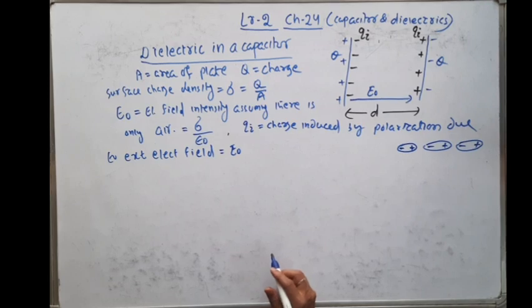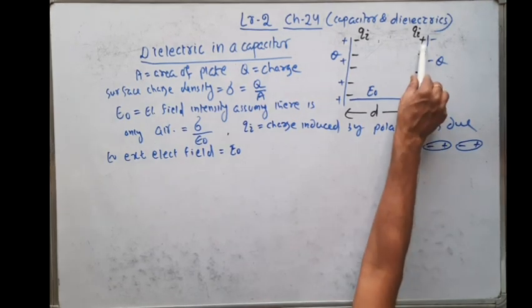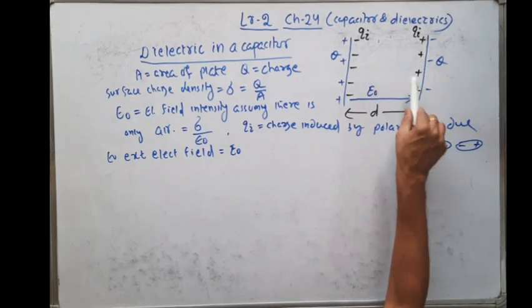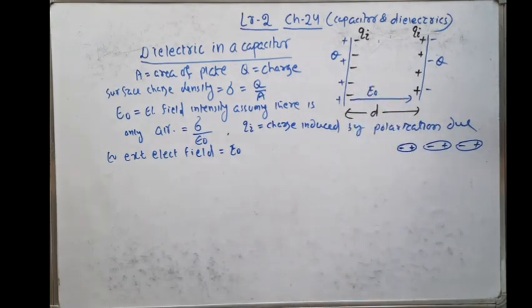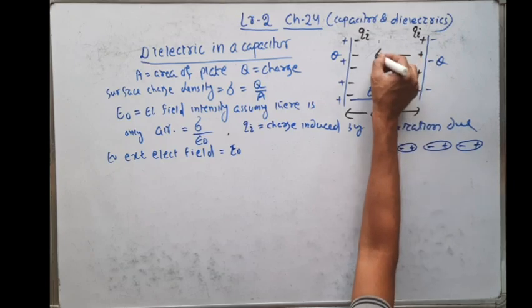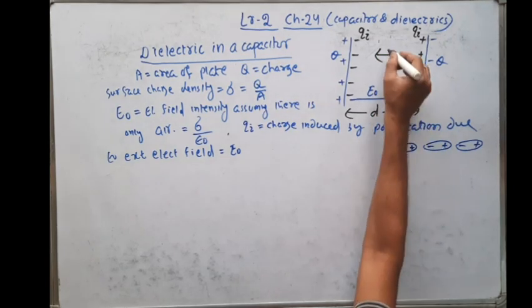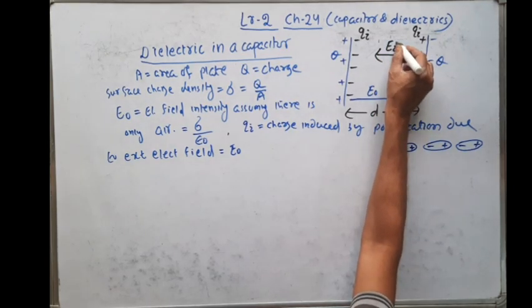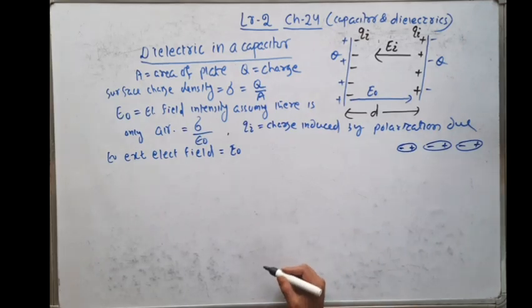Now see, due to this induced charge, this side is positive and this side is negative. Due to this, another electric field is developed from the positive plate to the negative plate, and that electric field is called EI. What is EI?